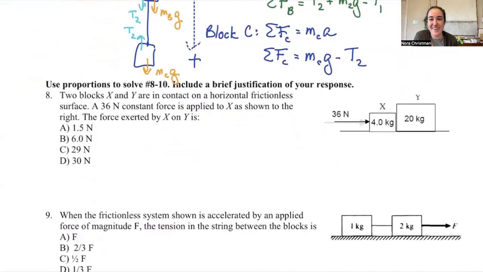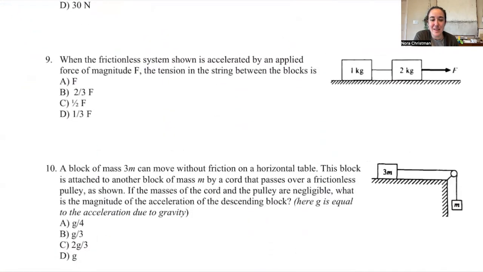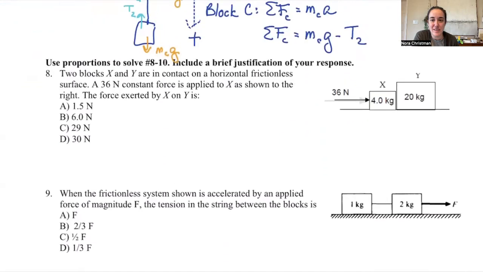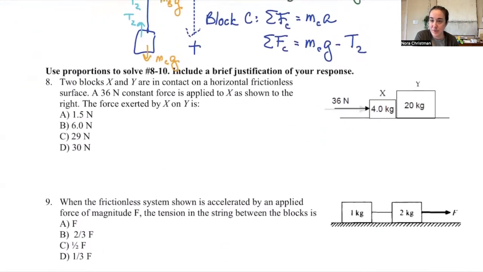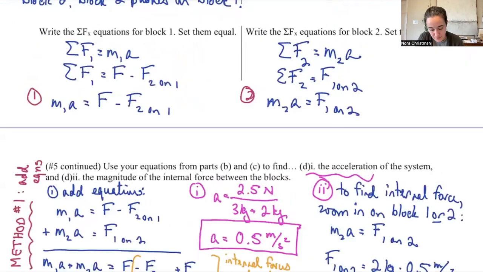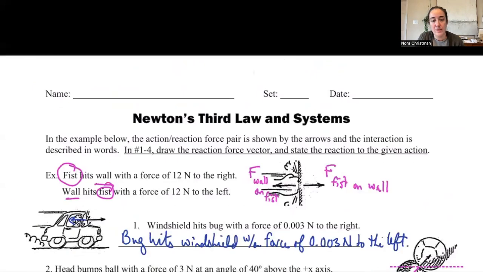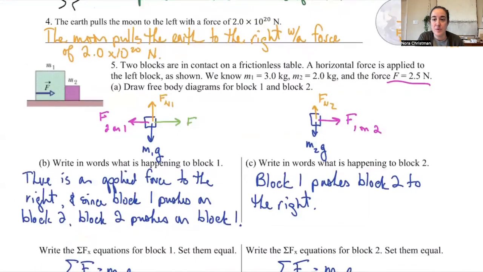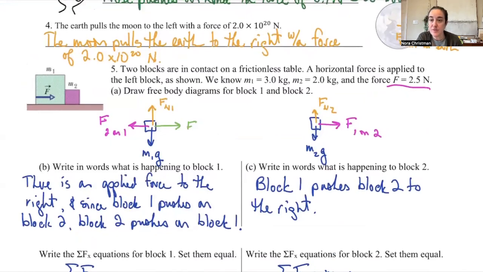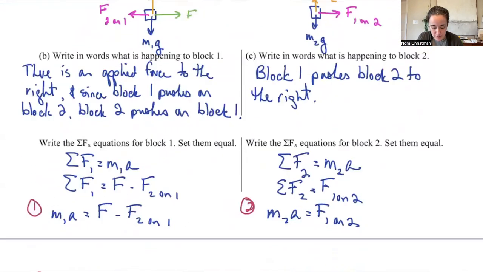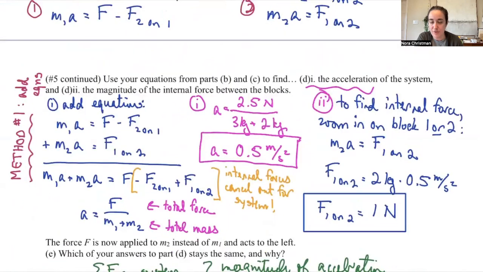All right, almost done. So in these last couple, instead of going through this huge process, we're going to look at proportions and a quick way to do this. So going back to number 5, we had a 2.5 Newton force. And after doing all of this work, we realized that the internal force on block 2 was 1 Newton.